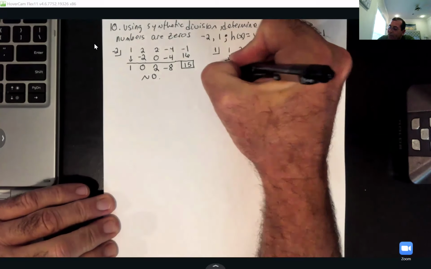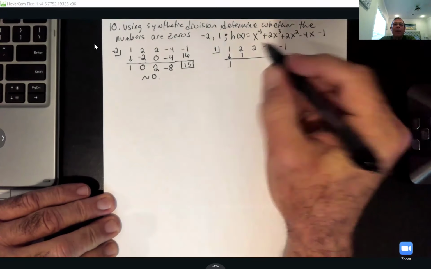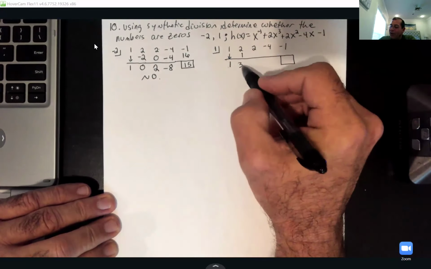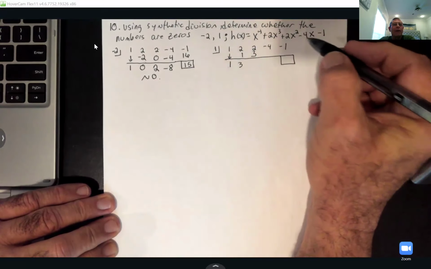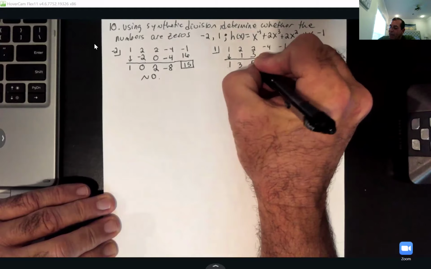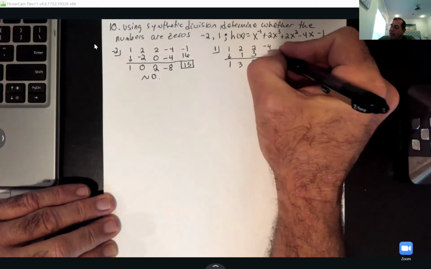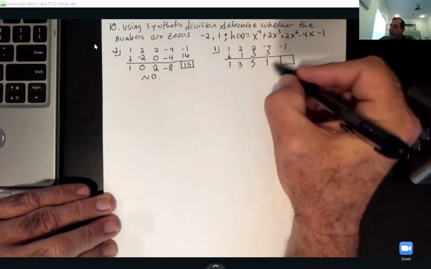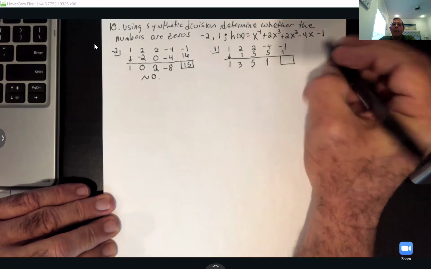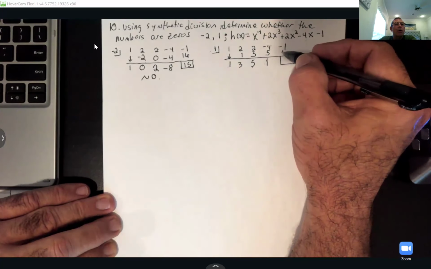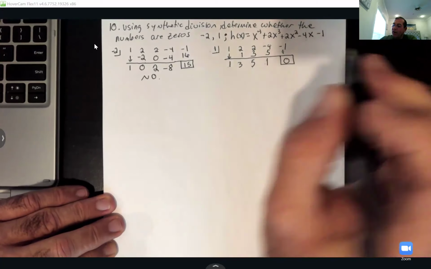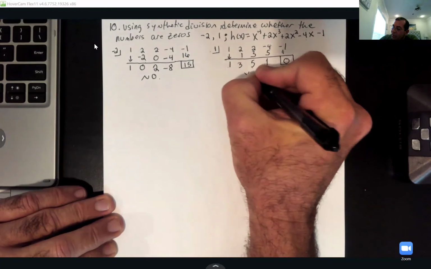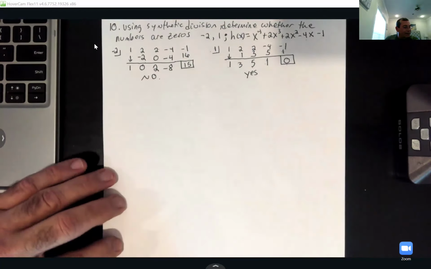Bring the 1 down. 1 times 1 is 1. 2 plus 1 is 3. 3 times 1 is 3. 2 plus 3 is 5. 5 times 1 is 5. 5 and -4 is 1. Oh, look at that. 1 times 1 is 1. And -1 plus 1 is a 0. So since I had a remainder of 0, 1 would be a yes, okay?